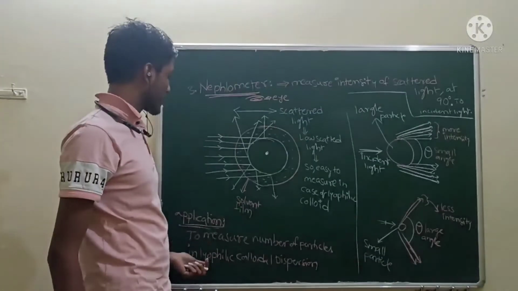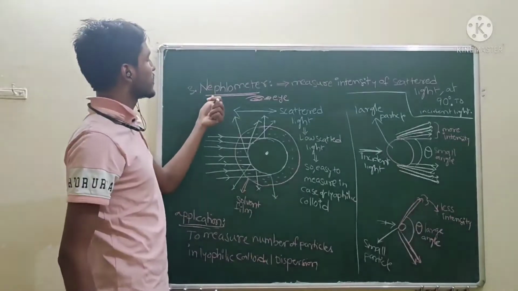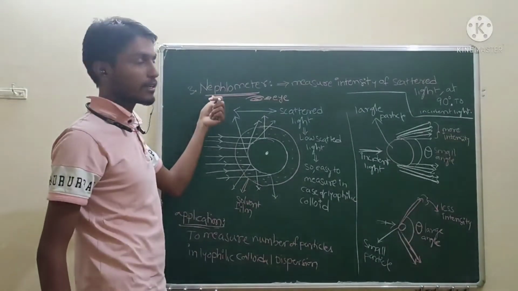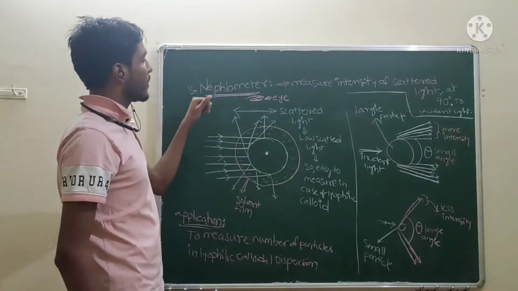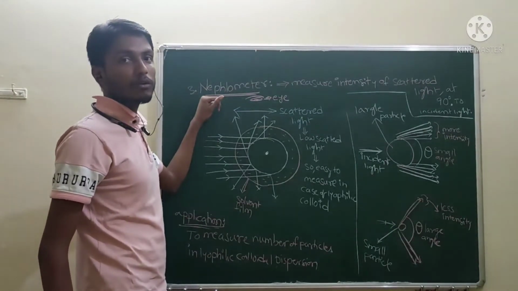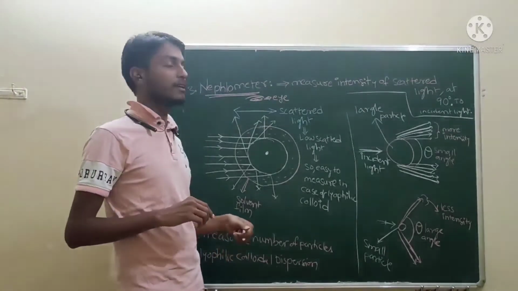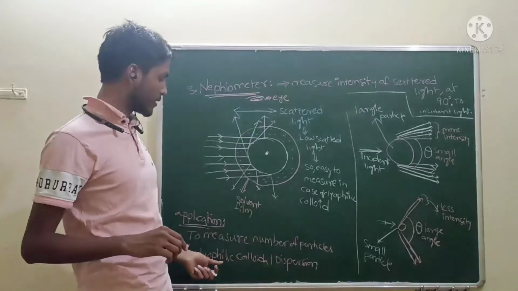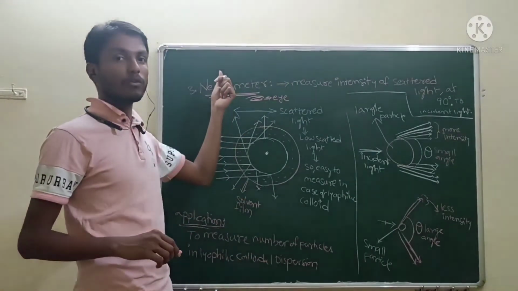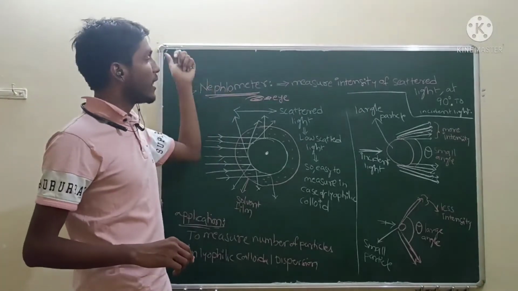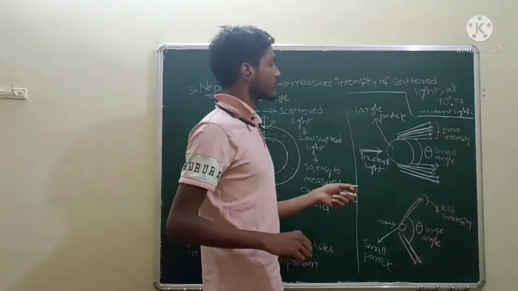This is the major application of the nephelometer. The nephelometer is majorly used to measure the concentration, meaning the number of particles, of lyophilic colloid. But turbidometry or spectrophotometry is majorly used to measure the lyophobic particles. Turbidity is majorly for lyophobic particles.